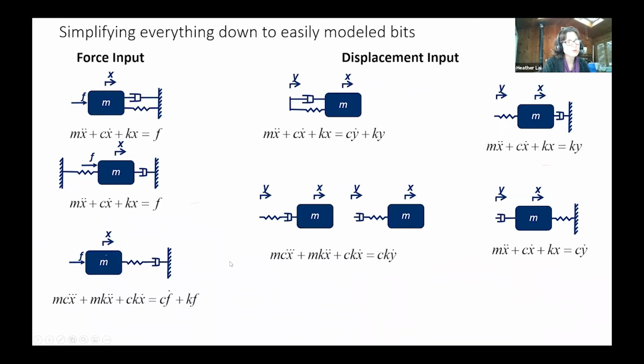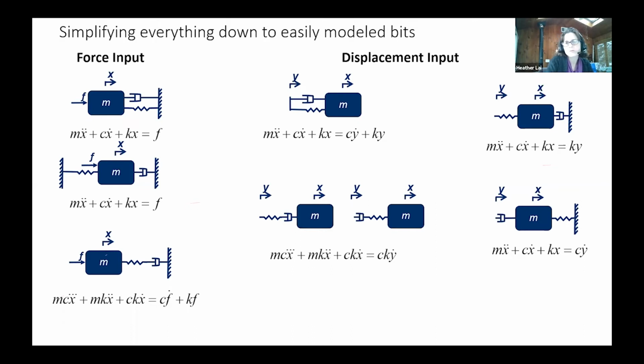And so then at that point, I can show the students that if you're talking about a single 1 degree of freedom spring mass damper, these are all of the possible different configurations that you could have. If they know how to derive the dynamic equation that you see here for every single one of these, then they can basically tackle any problem that's a 1 degree of freedom spring mass damper.